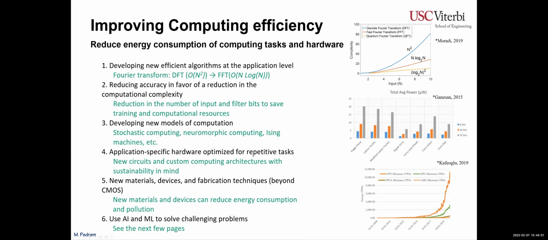Application-specific hardware optimized for repetitive tasks. This is: find the common kernel and make sure you do a really good job of the common kernel computation. A lot of the advanced energy efficiency approaches focus on that. New materials and devices that reduce carbon energy consumption and pollution. Unfortunately, that's hard to do. With the kind of devices that we are trying to manufacture these days, 3 nanometer, 1 nanometer CMOS devices, or beyond CMOS devices, it's getting increasingly more difficult.